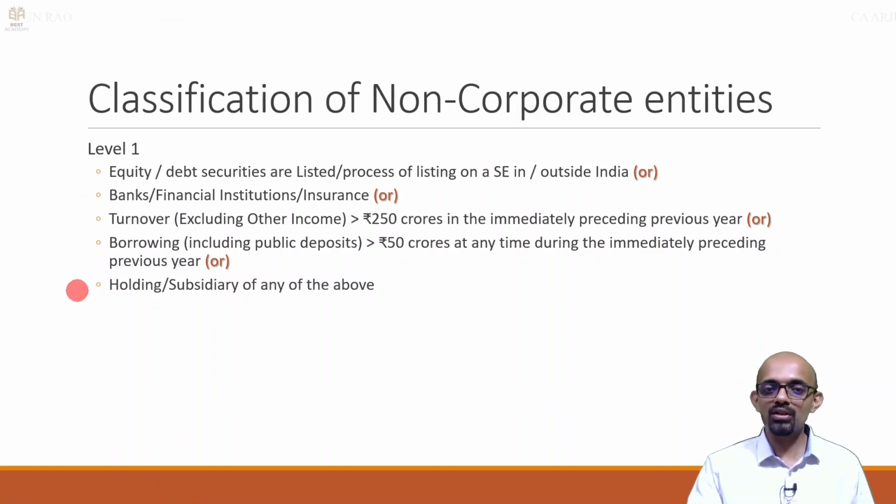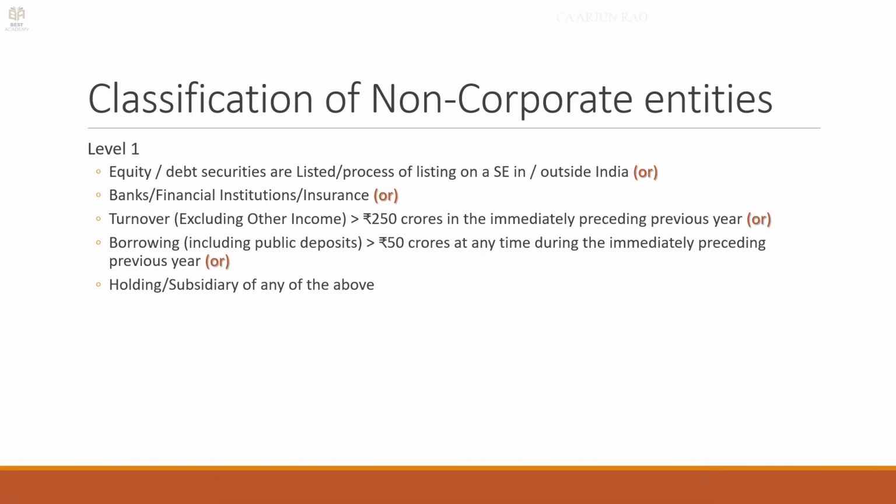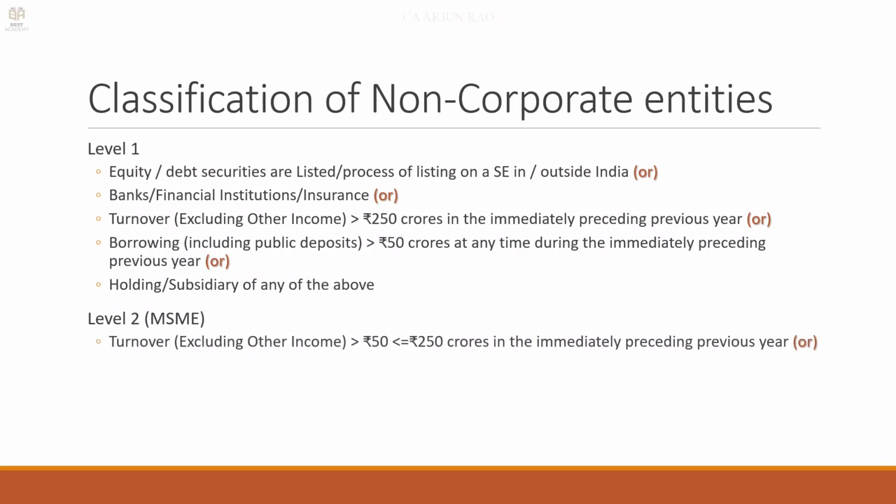For level 2, 3 and 4, just forget these first 2 criteria. Focus on 3rd, 4th and 5th. We will just slightly modify the limits. Okay. So now let's look at level 2 criteria. So level 2, also referred to as MSME, micro, small and medium enterprise. Turnover excluding other income.